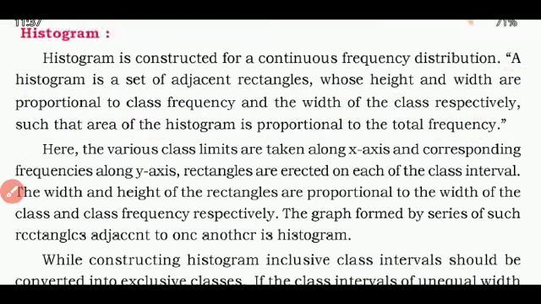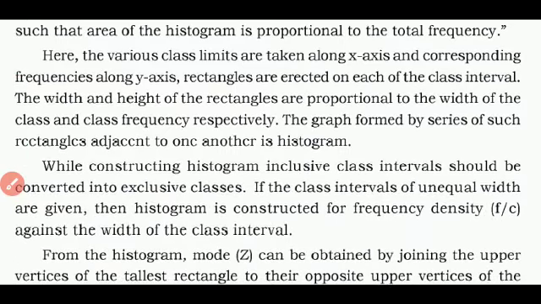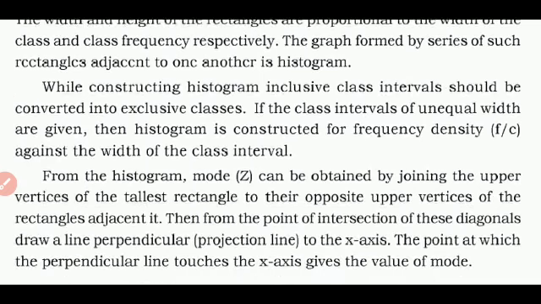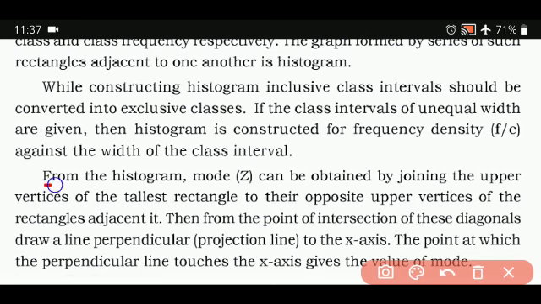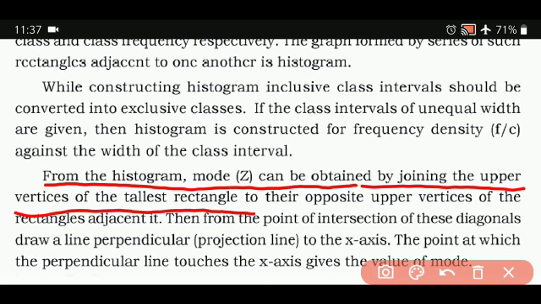Along the x-axis you will be plotting the class intervals, and along the y-axis you will be plotting the frequencies. And from a histogram, mode can be obtained by joining the upper vertex of the tallest rectangle to the opposite upper vertex of the rectangle adjacent to it.